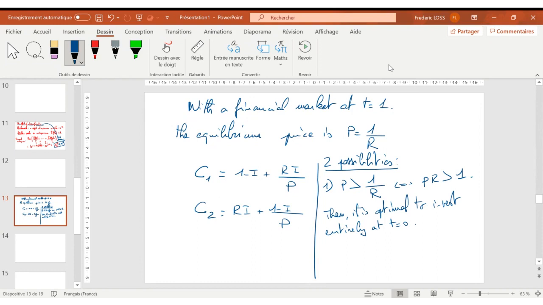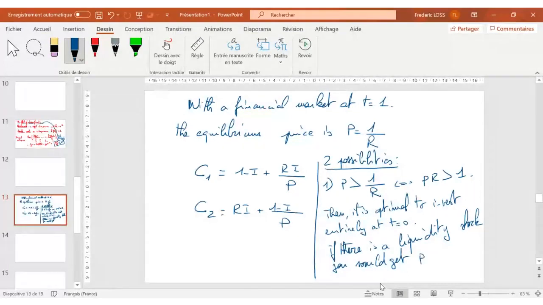Because if there is a liquidity shock, you would get PR, which is strictly higher than 1, what you could have obtained by storing everything from t equals 0 to t equals 1. But actually, this is not an equilibrium, because everybody would do that and there would be no exchange at t equals 1, because no one would be able to buy something at t equals 1. So this is not possible.